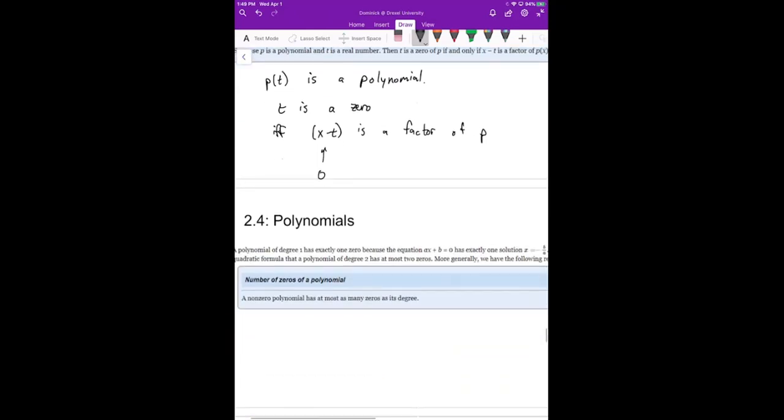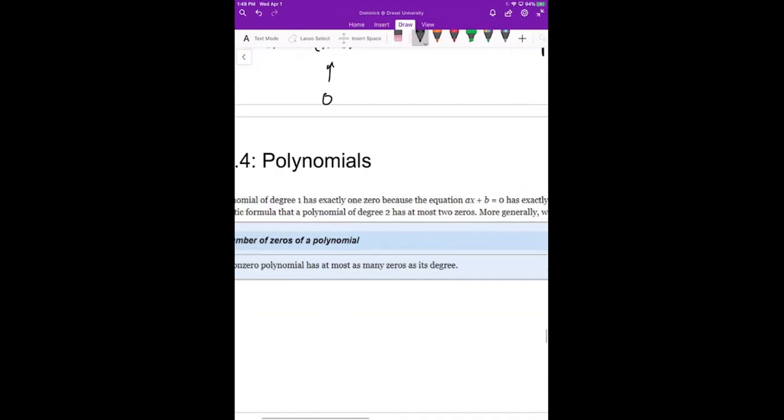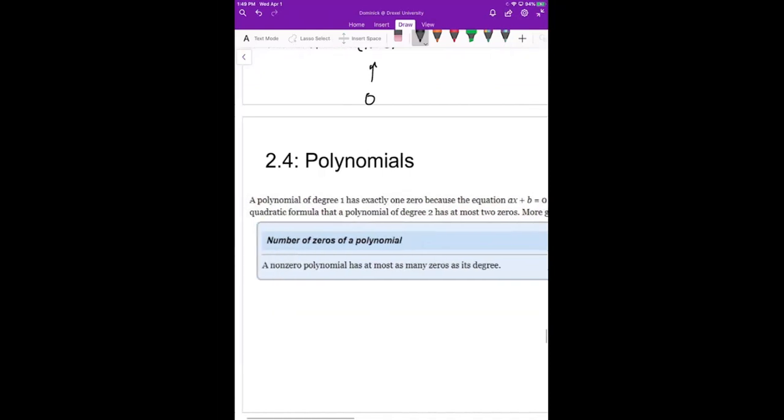Okay. Now, one thing that we can say about the number of zeros for a particular polynomial is that the number of roots or the number of zeros is at most whatever its degree is. So for example, a degree n polynomial has at most n zeros.